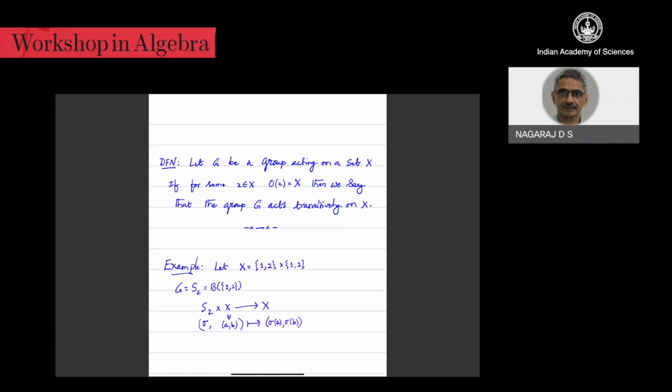Okay. So I have defined this action. Let's look at this action. What are the orbits? So the claim is that this action is not transitive.